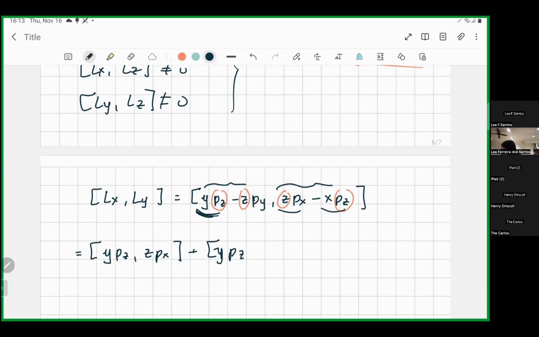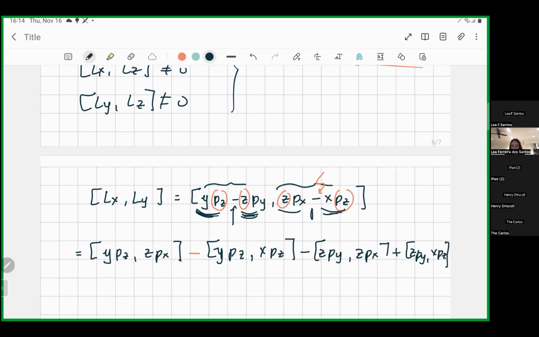So you see that I have a minus sign here because of this minus sign. So y pz with x pz. Then I'm going now to switch to this term. So I have minus z py with z px. And the last one, this is minus, it becomes plus z py with the last one, x pz.